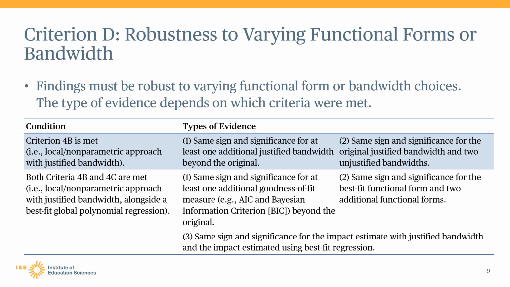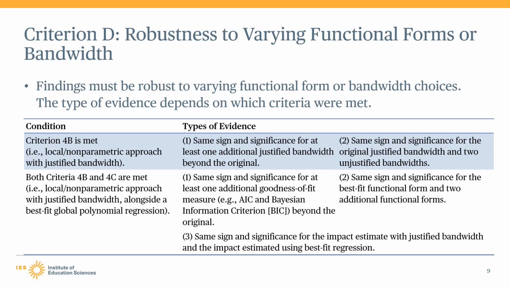If a study satisfies RDD criterion 4B, the other way that a study can satisfy 4D is if the sign and significance of impact estimates is the same for the original justified bandwidth and two additional bandwidths that are not justified.